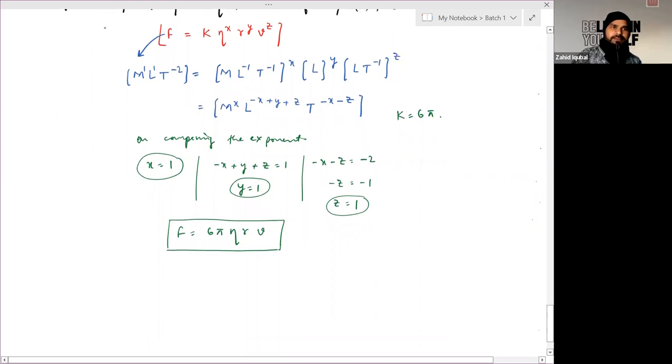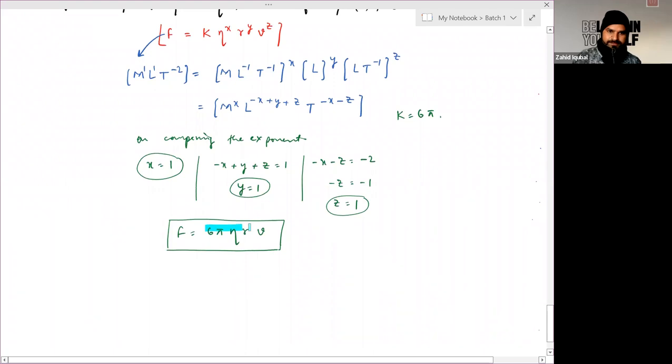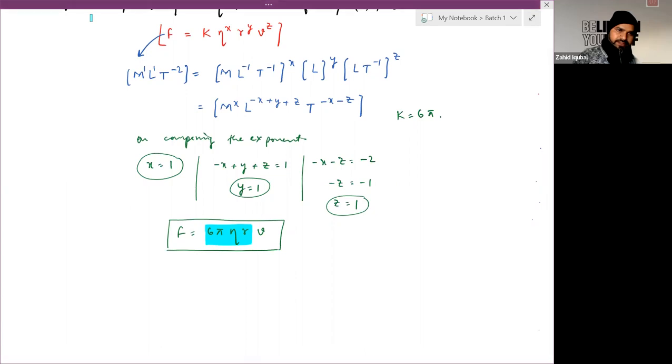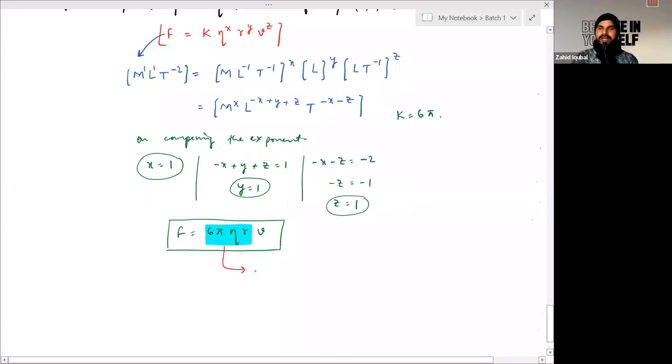Now, in this part, these terms 6 pi eta r will be constant for a particular object. Only velocity of the object may get changed due to viscous force. So we can write this quantity is the factor which is responsible for opposition of the object in that viscous medium.